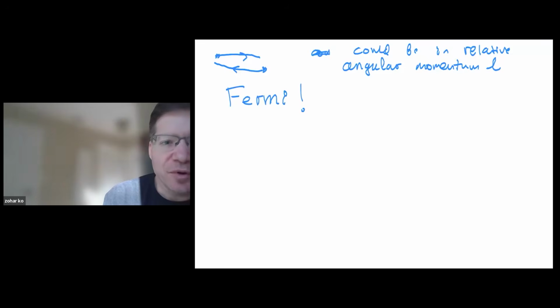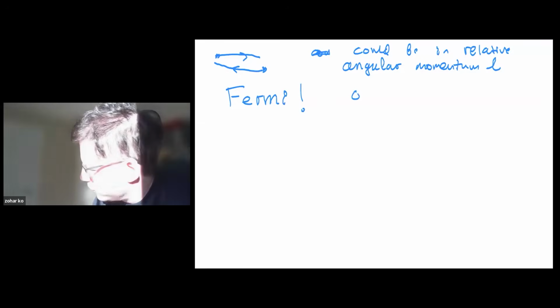Fermi invented an approximation where the potential is only affecting the zero angular momentum mode. He understood that short range potentials don't affect high angular momentum modes. And then he invented the potential which affects strictly mathematically only the zero angular momentum mode. So let me explain in equations.